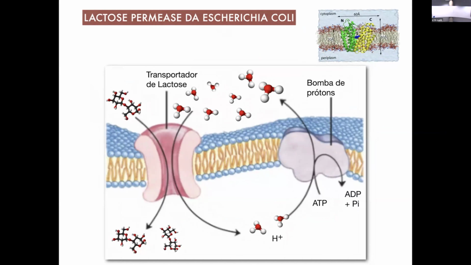There is a pump of protons to make this region with a high gradient of protons. And this starts to pump using ATP, it pumps out. And then this gradient of protons goes down and brings together the molecule of lactose. That's how it works.